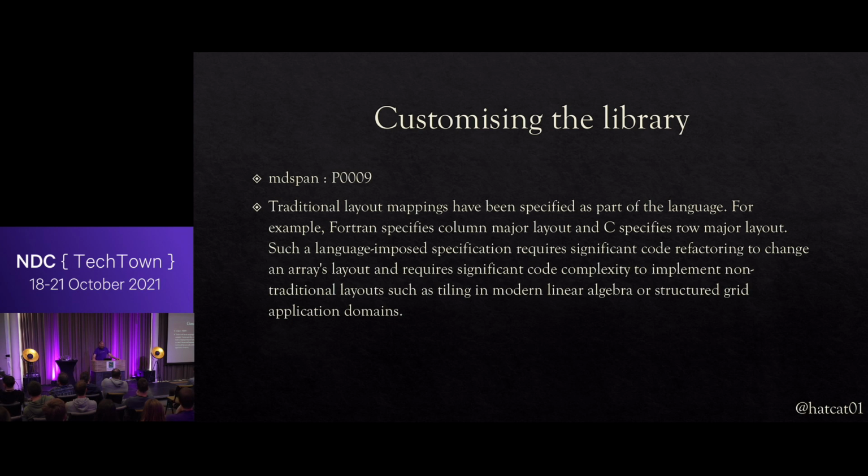For example, Fortran specifies column major layout, and C specifies row major layout. Such a language-imposed specification requires significant code refactoring to change an array's layout, and requires significant code complexity to implement non-traditional layouts, such as tiling in modern linear algebra or structured grid application domains.